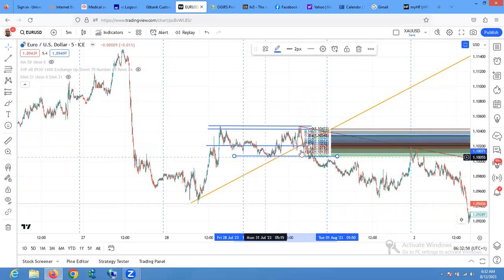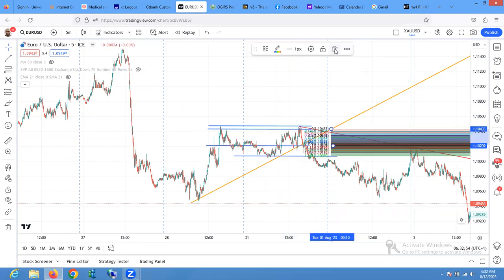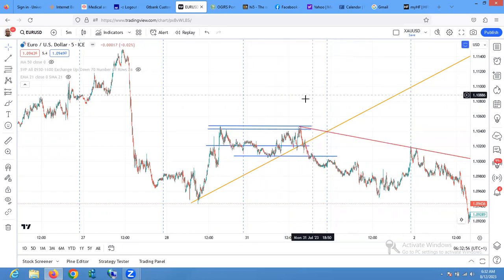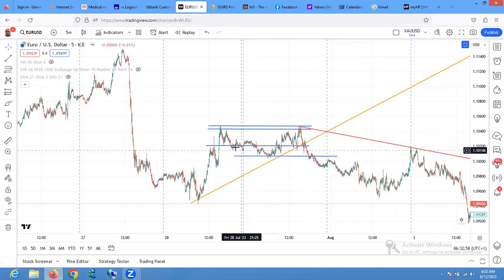It has not moved. I'm just teaching us something for us to know what a break of structure really is when we are trading, and it's not a forced break of structure. So this is still not a broken structure. But from here, once it pulls below here, definitely it can be a break of structure.